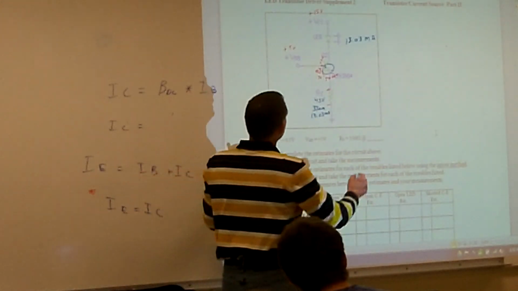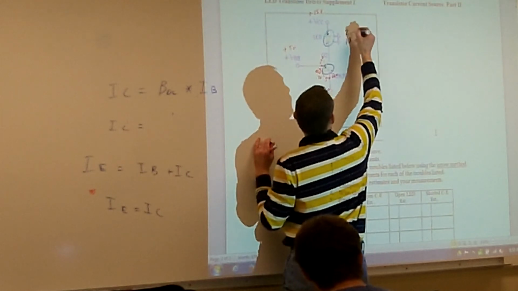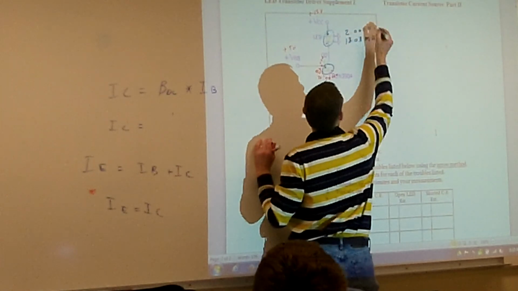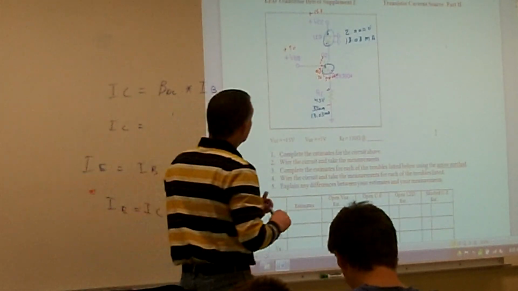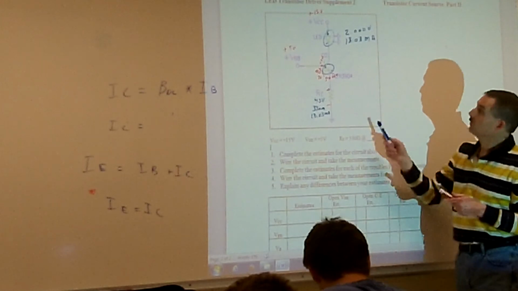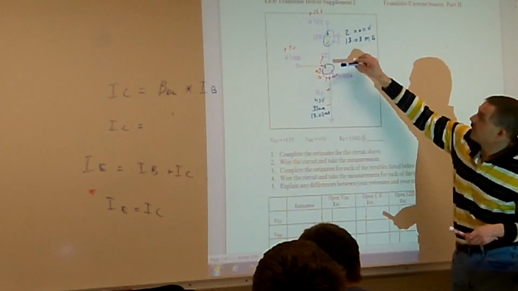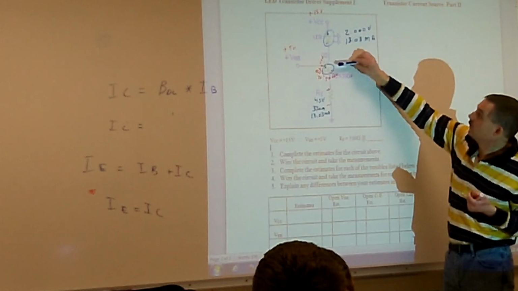I know that my LED, if it's not given, we're going to say is going to drop 2 volts. So now we have all but our collector to emitter, that's the only voltage that we don't have determined yet.